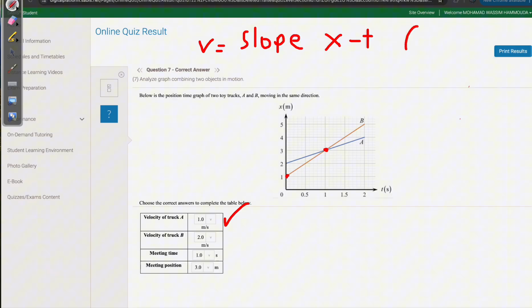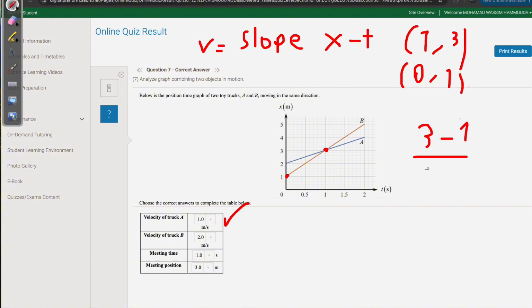So 3 minus 1 over 1 minus 0, which will be 2 meters per second.